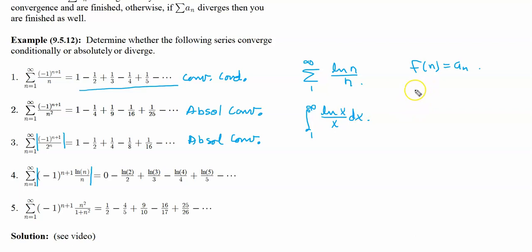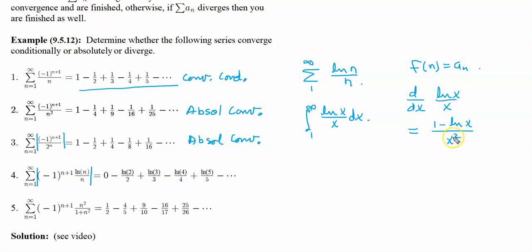Okay, so let's just double check here. If we take the derivative of this function, okay, so applying the quotient rule, what you're going to get is 1 minus the natural log of x divided by x squared.